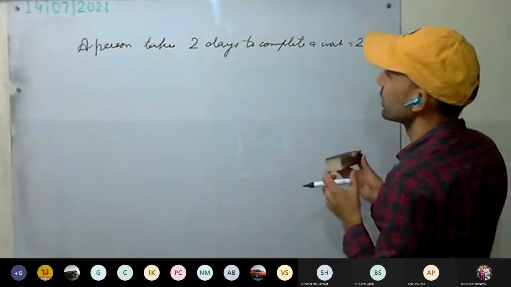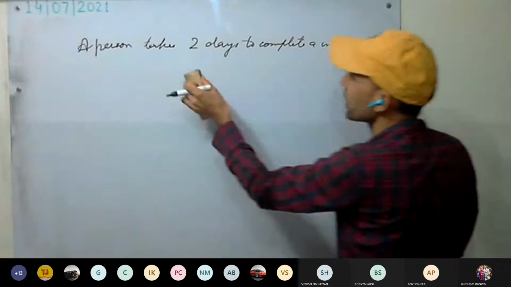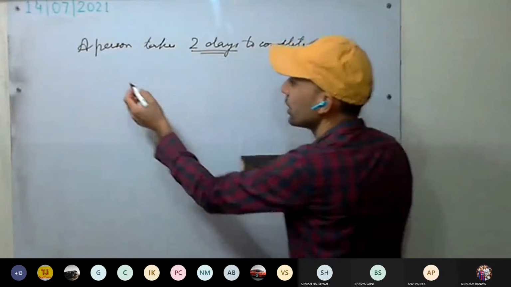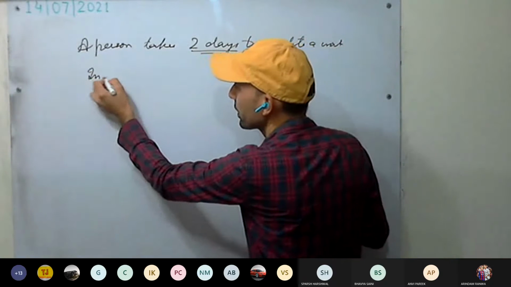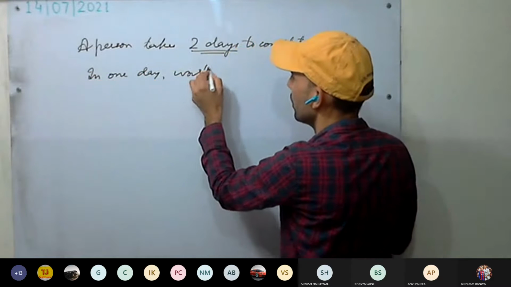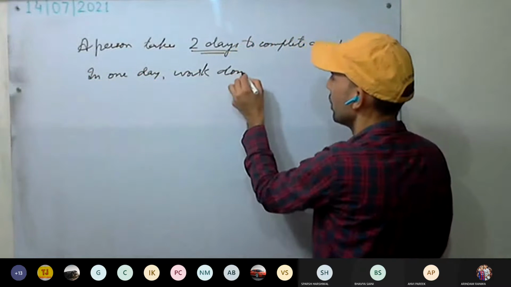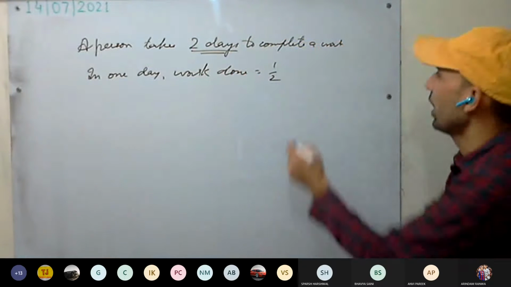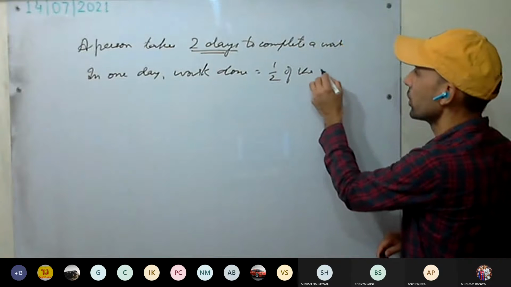Okay, I've written there 2 days. So in 1 day, how much of the work is done? Equal to half. Half of the work is done. Okay.